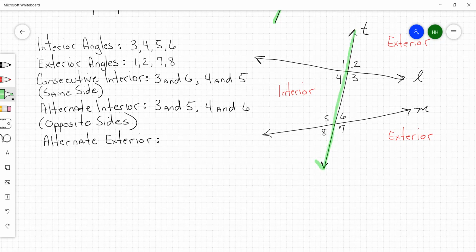It intersects two or more lines in two places. Alternate exterior angles are in the exterior region, and they're on opposite sides of the green line. So one pair is 2 and 8. And what's the other pair? 1 and 7.